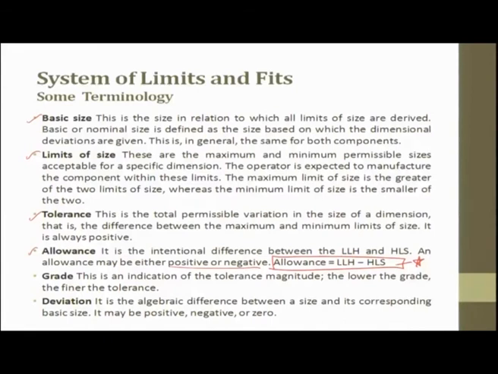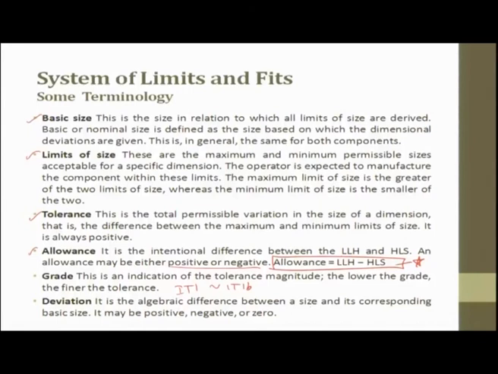Lower the grade, finer the tolerance. For example, if we compare IT 1 to IT 16, IT 1 has a tighter or lesser tolerance. Deviation is the algebraic difference between a size and its corresponding basic size. It may be positive, negative, or 0.